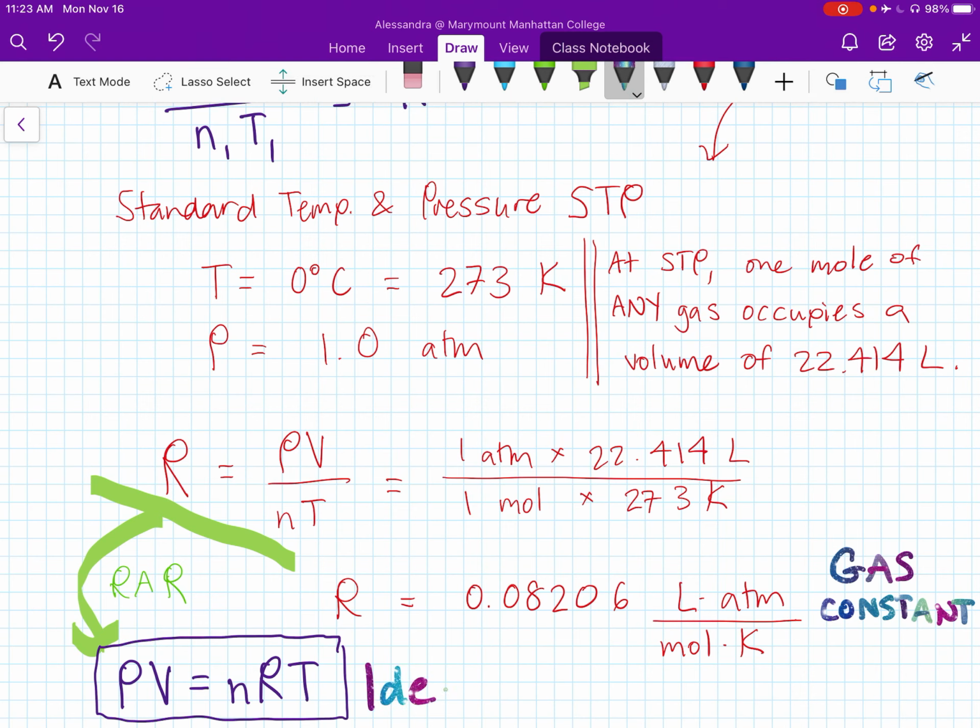This is the ideal gas law. And when we're using the ideal gas law, the R value that we plug in is 0.08206 liter atmospheres per mole Kelvin. You always want your temperature in Kelvin. N is the number of moles of gas. Pressure you want in atmospheres, and volume you want in liters.